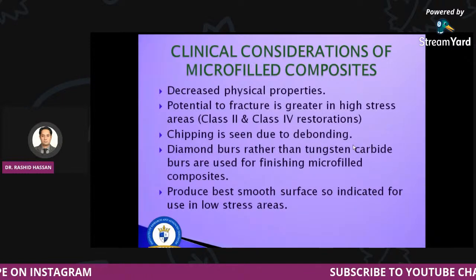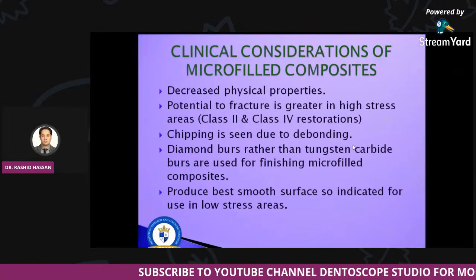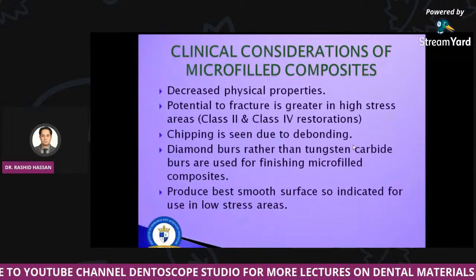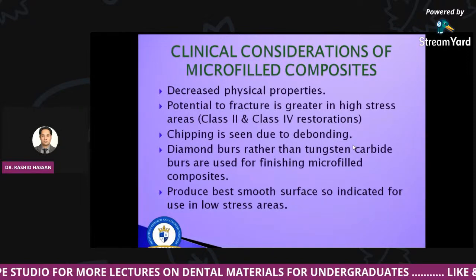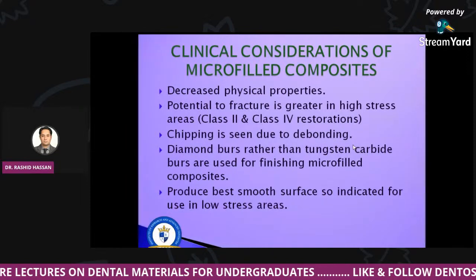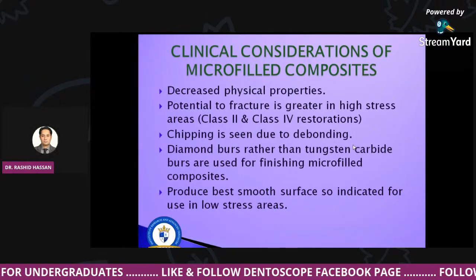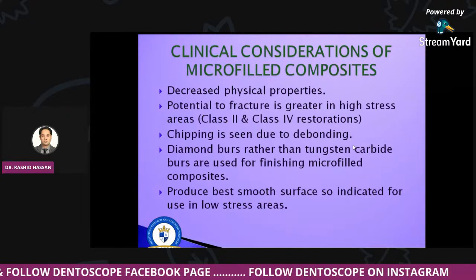So in order to finish it, diamond burrs rather than tungsten carbide burrs are used to finish the dental composite. We do not use tungsten carbide burrs because if we just touch the tungsten carbide burr to a dental composite restoration for the finishing process, the composite is going to chip off and the whole restoration is going to be a failure.